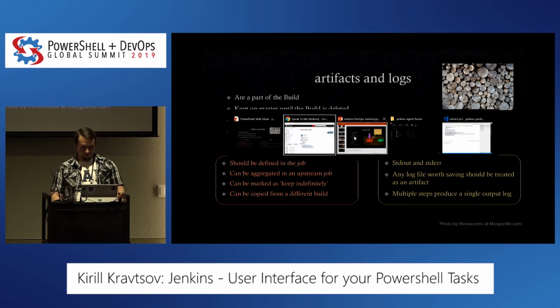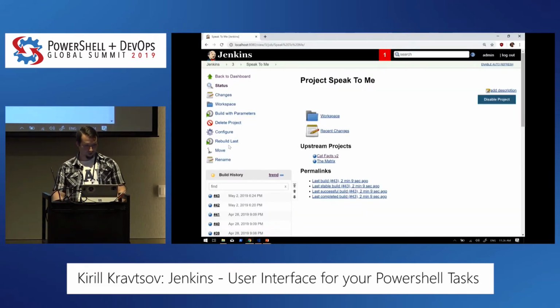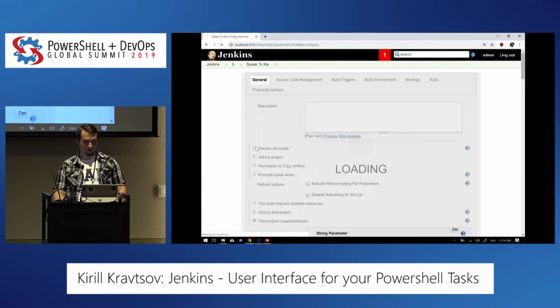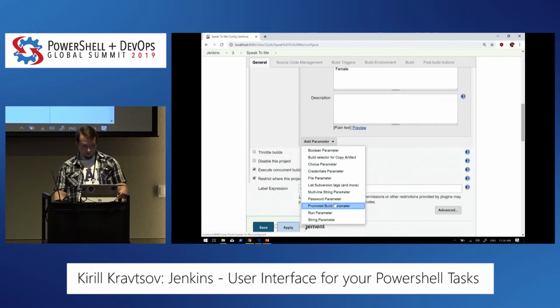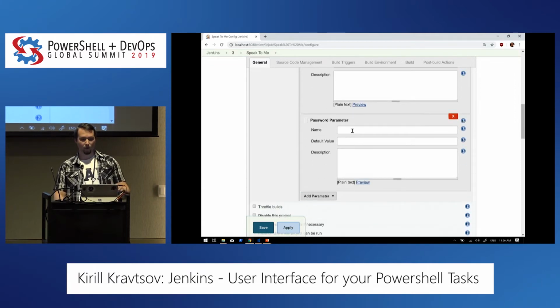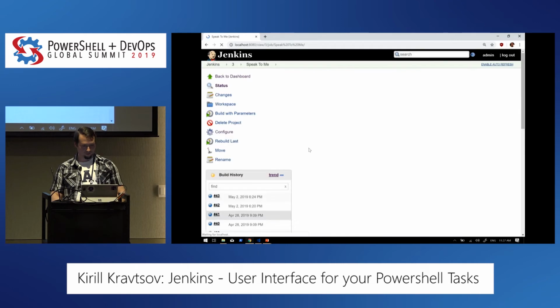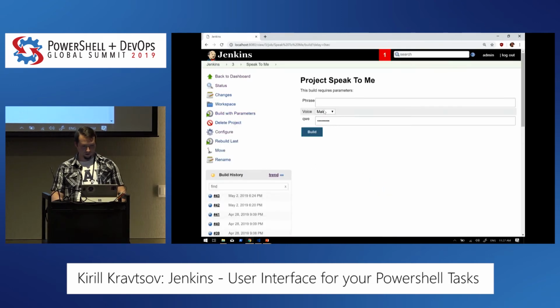In Jenkins, when you configure the job and when you define the parameter, there is actually a secure password parameter, which will not show you the password, obviously. So let's see how it works. You can actually see that this is not displayed.